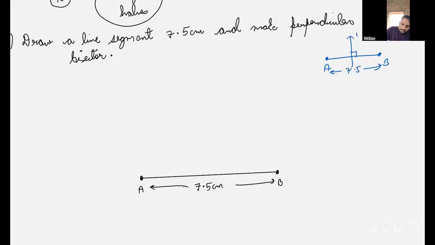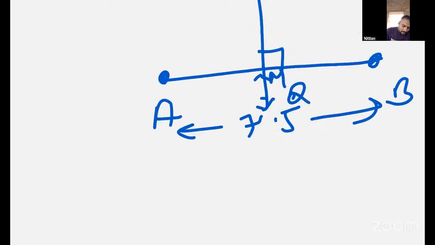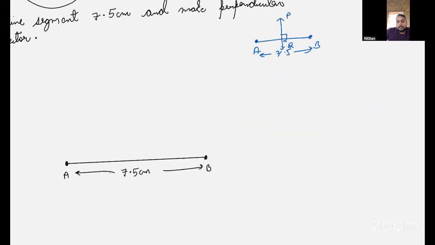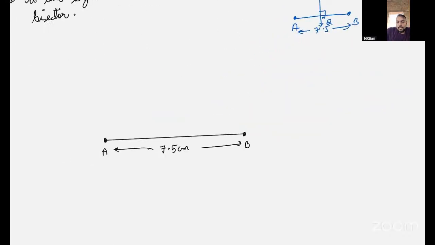I will name that as P, this one is Q, and this one is M. Got it, everyone? Now, with the real diagram, you have to draw a line segment AB, which is 7.5 centimeter. Quickly draw this.